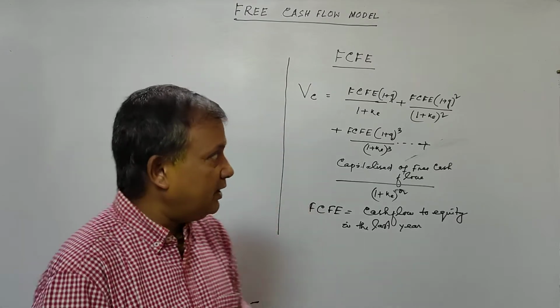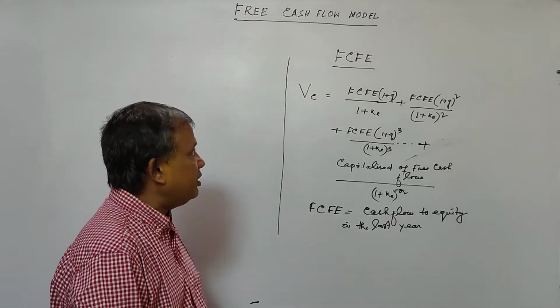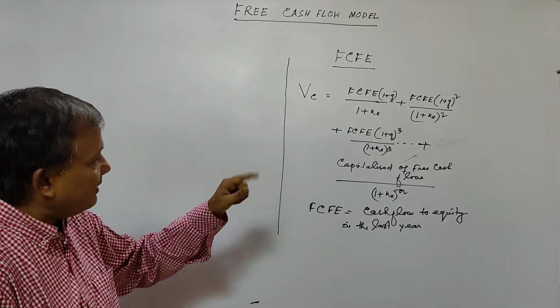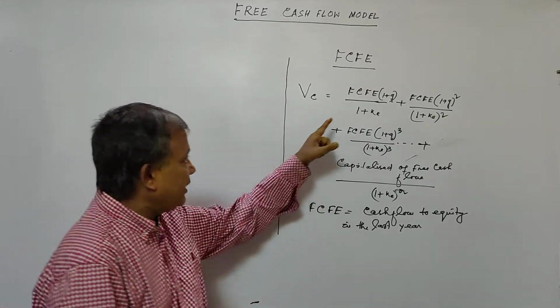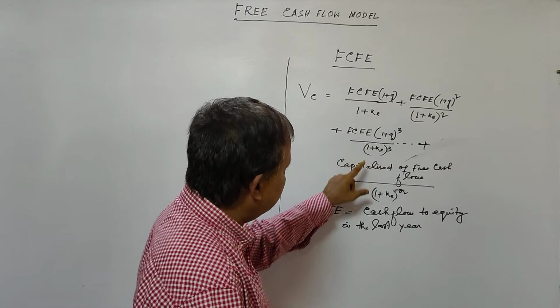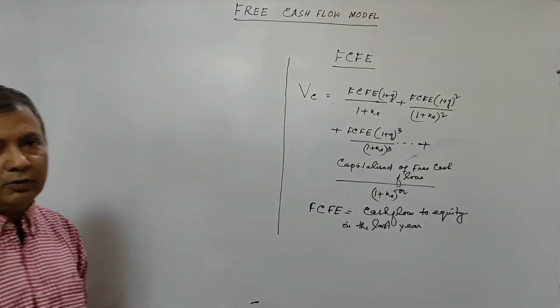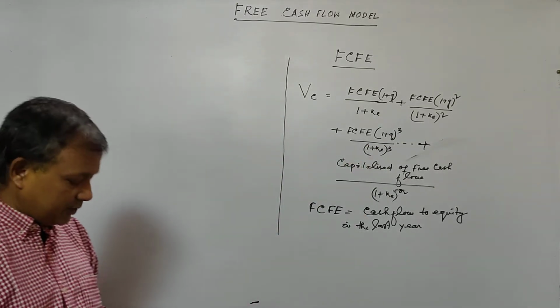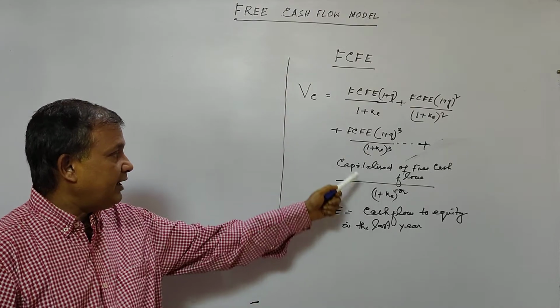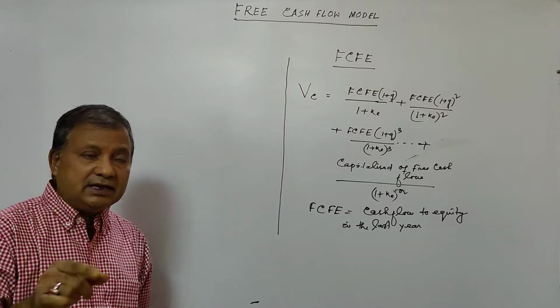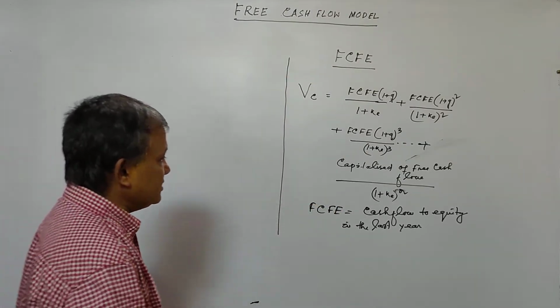Here also it can be a multi-stage model, but the value of the firm is the present value of future cash flow plus the present value of terminal cash flow.